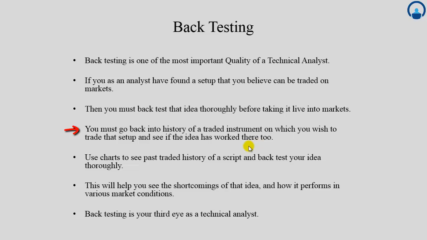You need to test your idea on various instruments in different market conditions. Hence, you need to go back into the history of those traded instruments and test your idea. See if your idea has worked in the past too. Use charts to see the past traded history of a script and backtest your idea thoroughly.